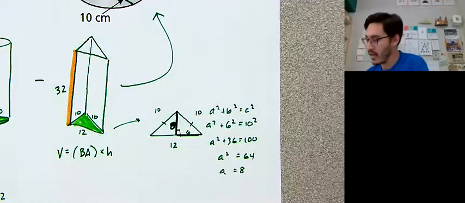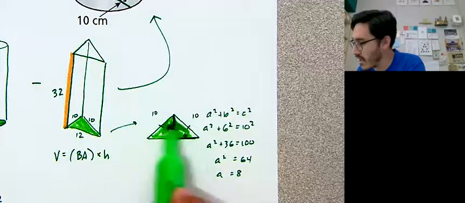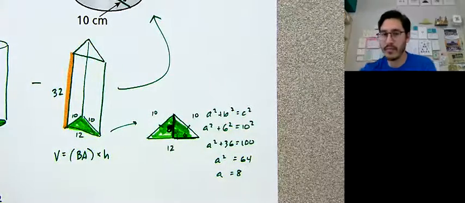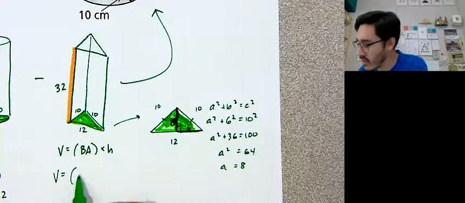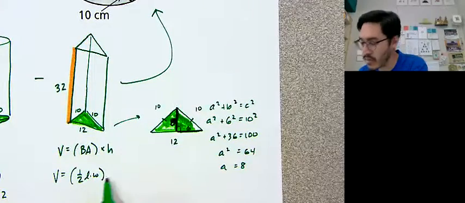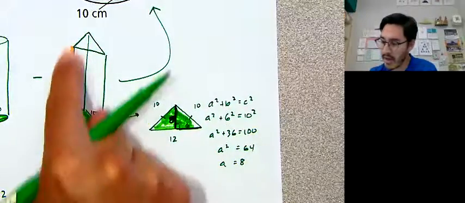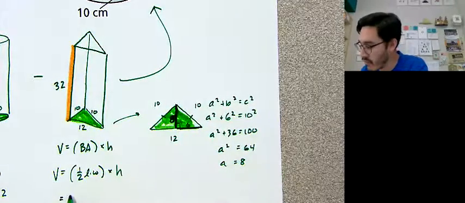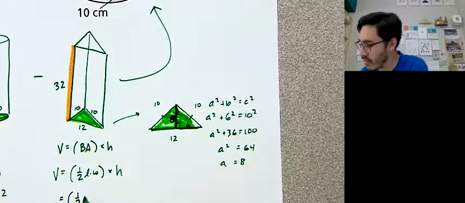Let me shade this in green so that you know that this triangle is the bottom face of our prism. The area of a triangle is 1/2 length times width. You could also write base times height, but I don't want to confuse it with the vertical height of the prism, so I'll use length and width, and then times height. The total length of our triangle is 12.